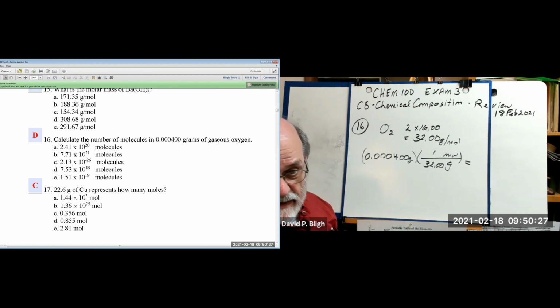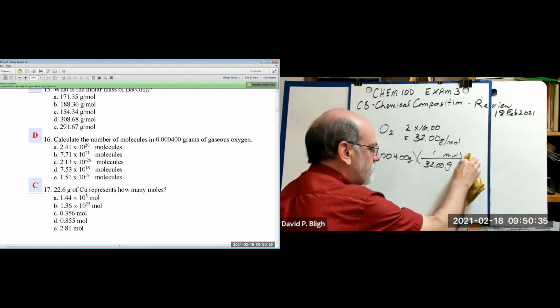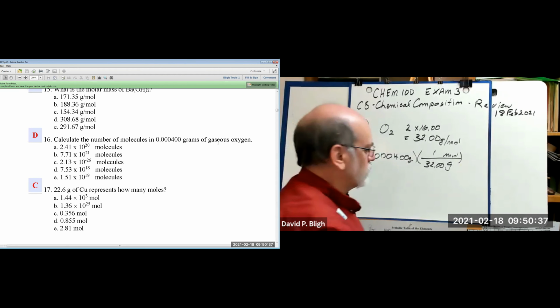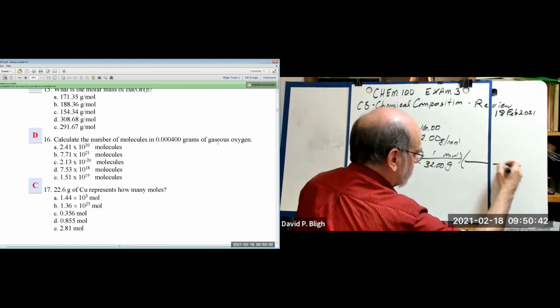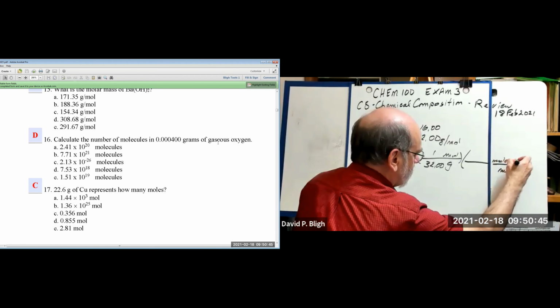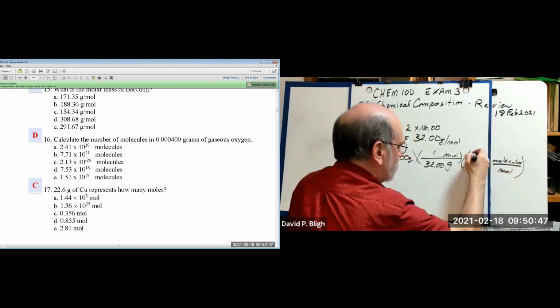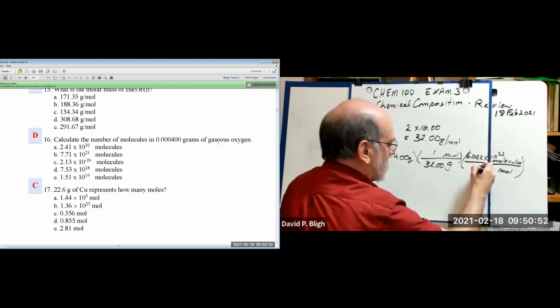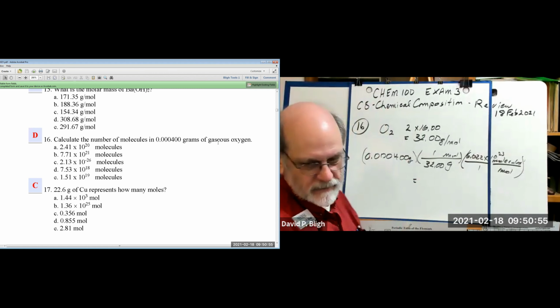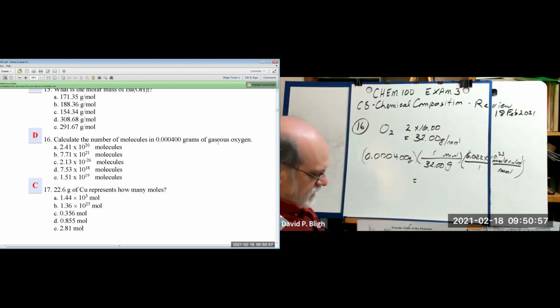Right. And, well, that's moles. Right? I'm not finished. It wants to know how many molecules. Your old favorite, Avogadro's number. Right? So I'm part of the way there. Then I need 6.022 times 10 to the 23rd times that.